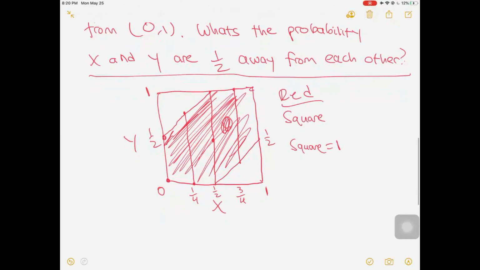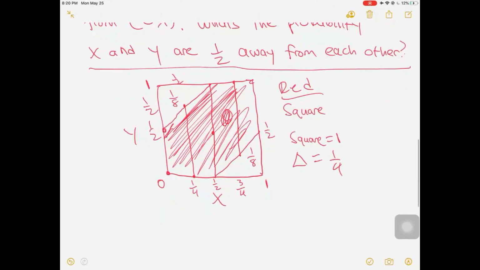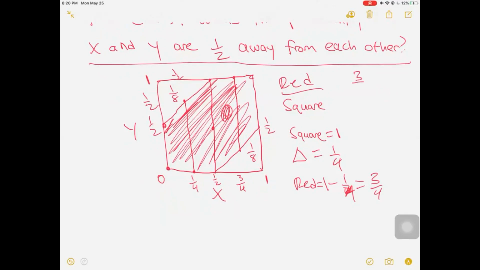The area of the white triangles, since this is 1/2 by 1/2, is exactly 1/8 for each of these. So the total area will be 1/4. Therefore the area of the red is 1 minus 1/4, which is 3/4. And 3/4 over 1 is just 3/4. So that's going to be the probability.